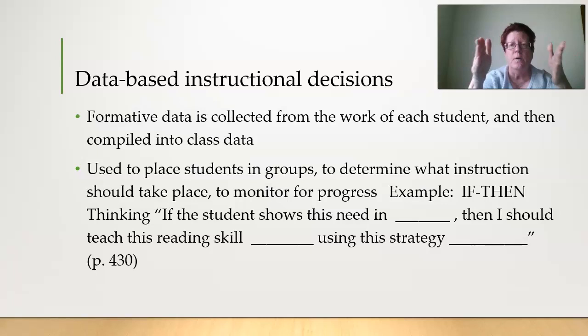And I would know exactly the problem the child was having, the skill that needed to be addressed, and the strategy that I was going to use to address that skill. So if-then thinking is a good way to think about your class as a whole. Not just putting kids in groups because we put kids in groups, but putting kids in groups deliberately, with forethought about what exactly it is that they need.